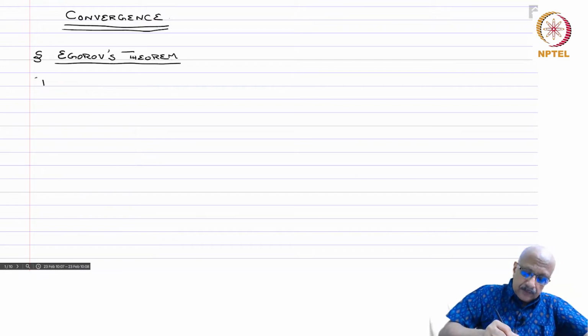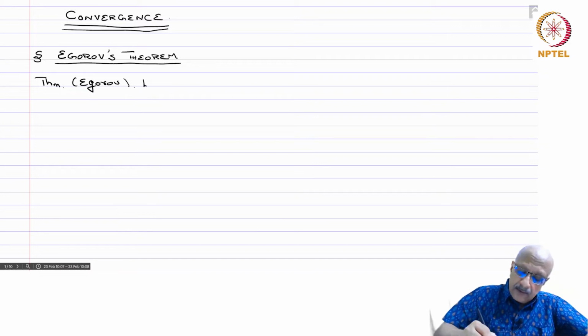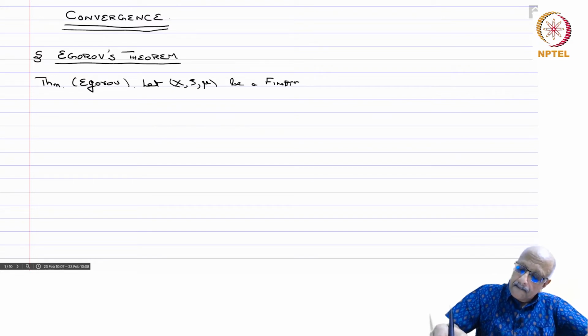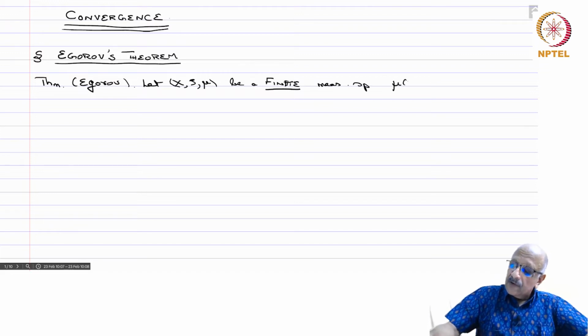Theorem (Egorov). Let (X, S, mu) be a finite measure space. That means mu of X is finite.